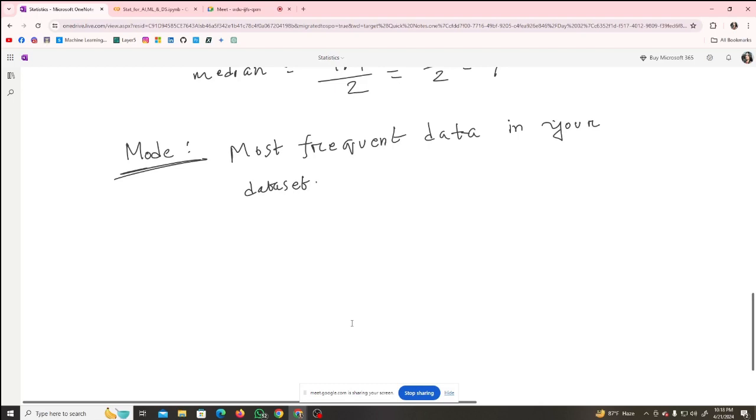Okay. So mode works both with categorical and non-categorical data, but it works very well with categorical data.